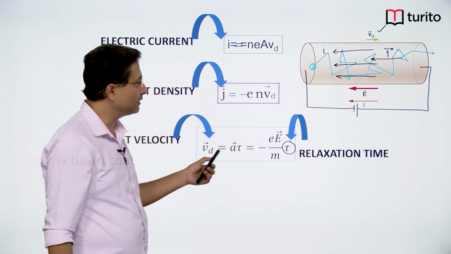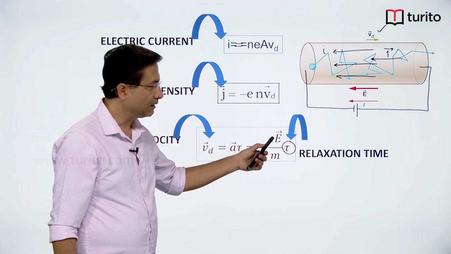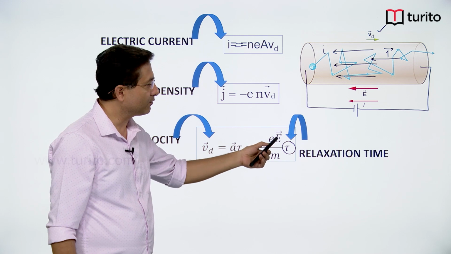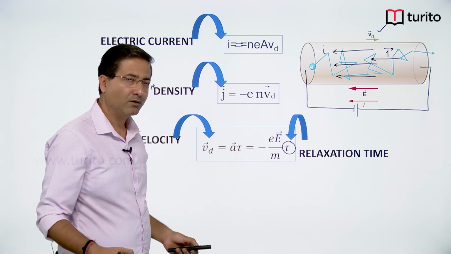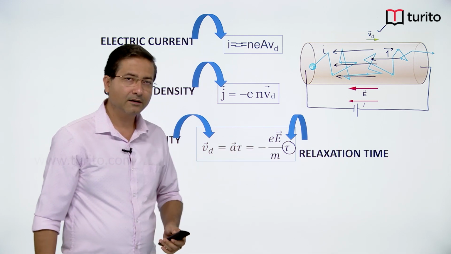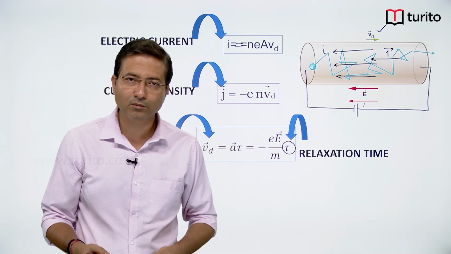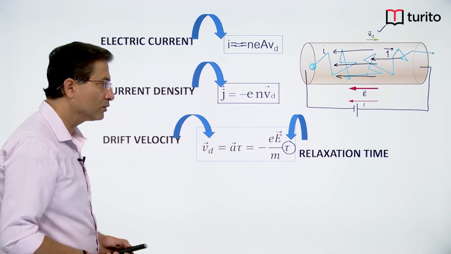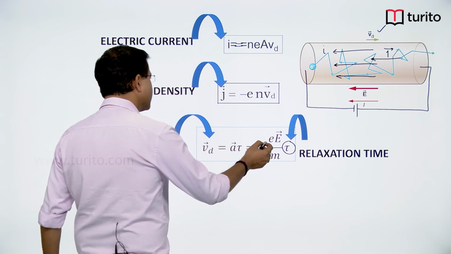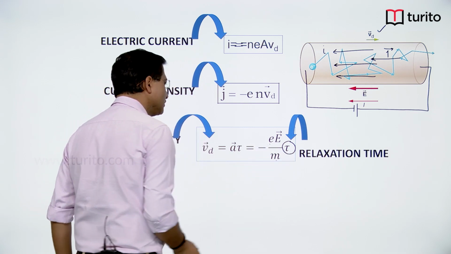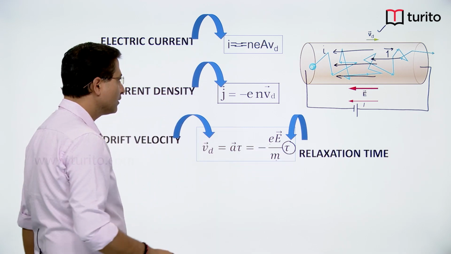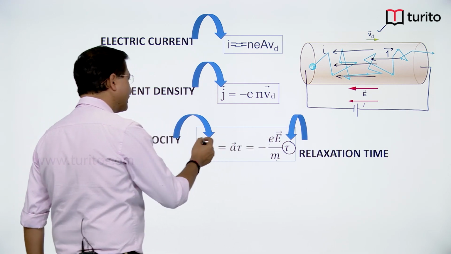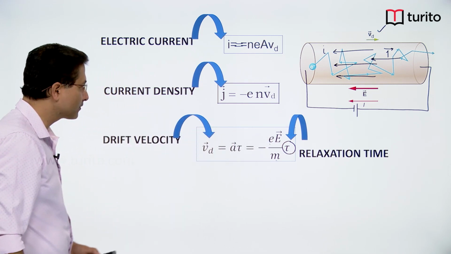So, drift velocity depends on relaxation time, field applied E, and m. For a given material, we have seen that the relaxation time is almost independent of the field applied. So, for a given material, these values of e, m, tau will be constant. Higher the field applied, higher would be the drift velocity, that we can say.